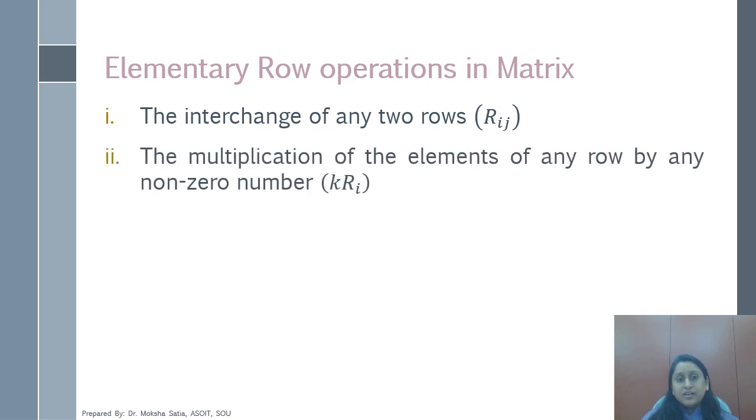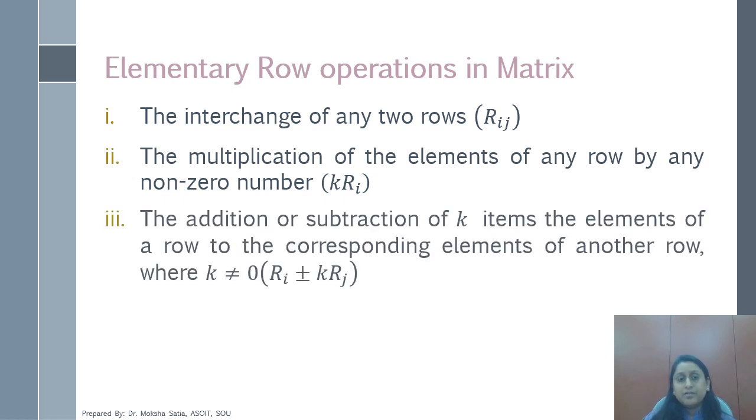The second operation is the multiplication of the elements of any row by any non-zero number. Meaning we can pick any row and multiply it by any non-zero number, and that is our second operation. Last but not the least, the third operation is the addition or subtraction of k times the elements of a row to the corresponding elements of another row, where k is non-zero.